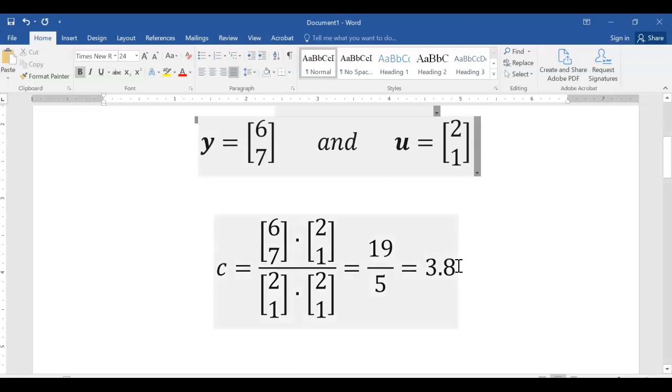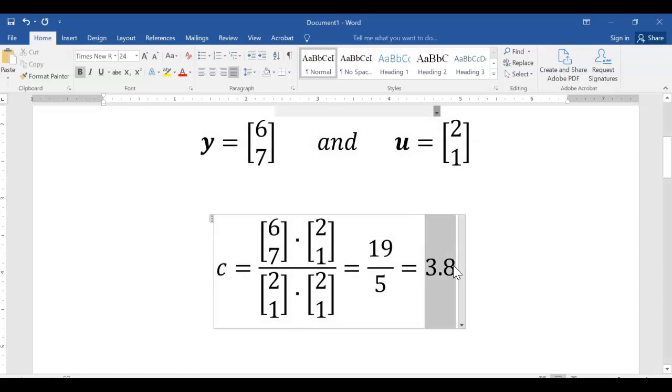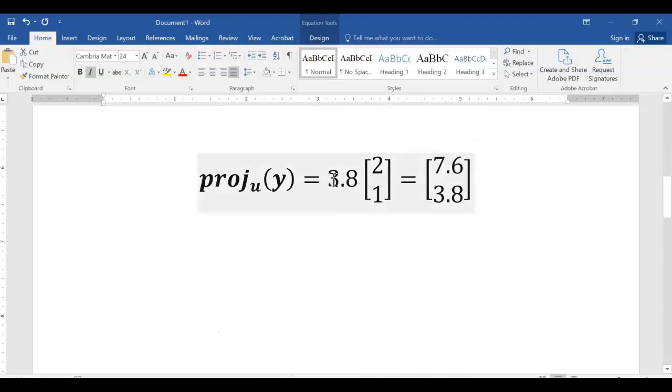Now again, that's just my coefficient. The projection is going to be 3.8 multiplied times u. So my projection of y onto u is the vector 7.6, 3.8.